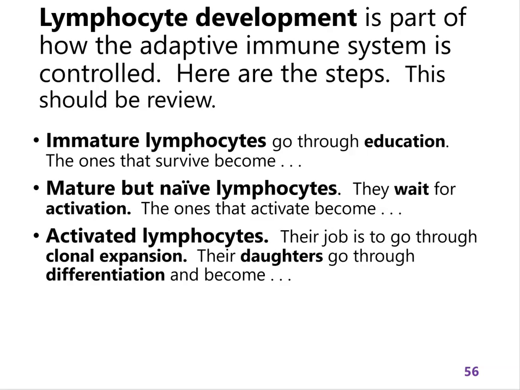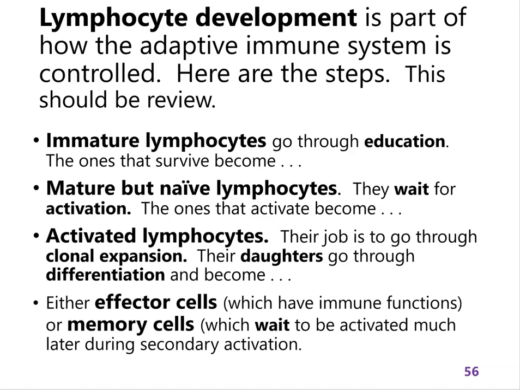It will have split in half 20 times or something like that. The daughter cells are going to go through differentiation, and those are going to be either effector cells, which do the immune system jobs, like make antibodies or kill infected cells, or memory cells that will wait maybe decades to go through secondary activation.